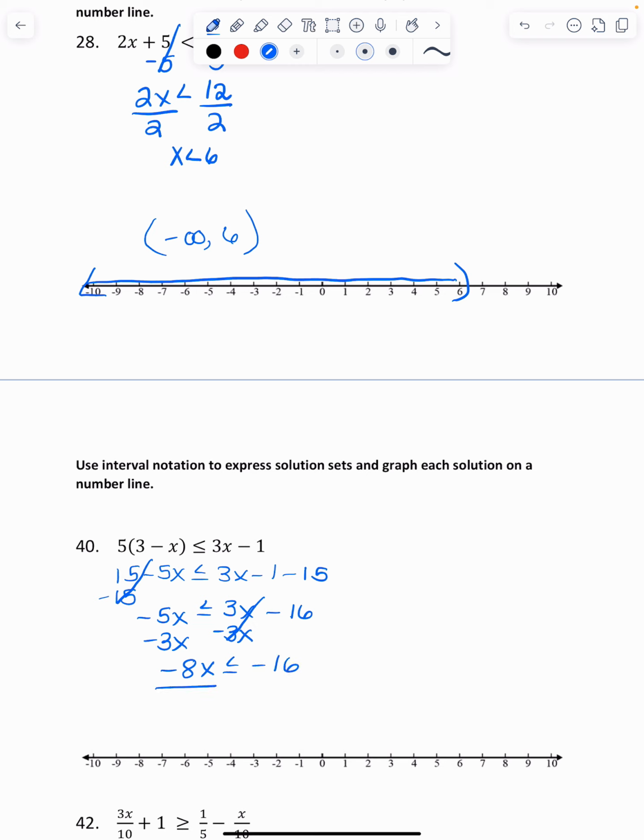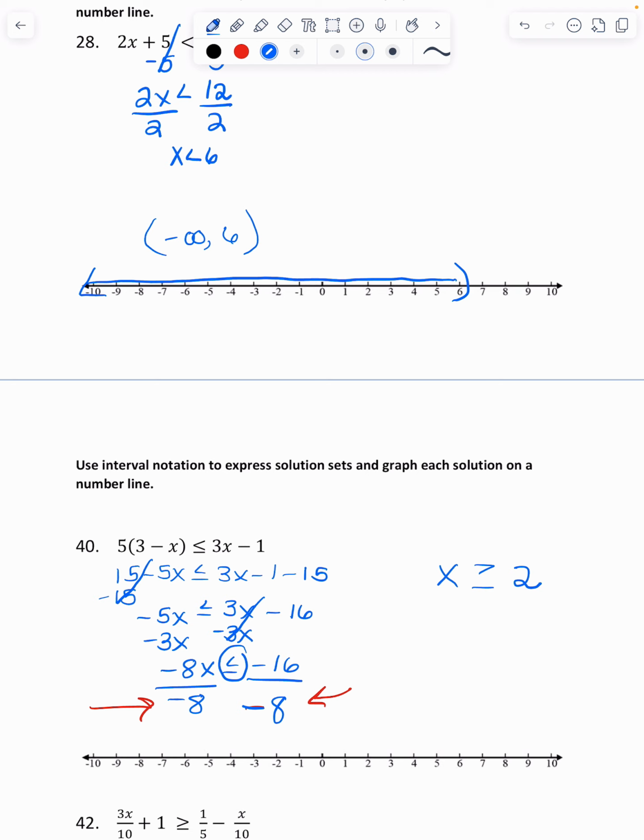And here is where that rule applies. If I multiply or divide by a negative number, then I must reverse this sign, flip it. So instead of less than or equal to, it's going to be x is greater than or equal to positive 2.